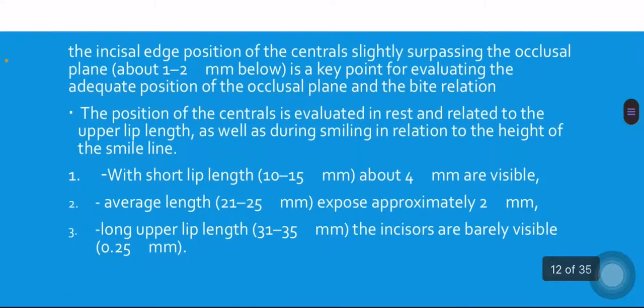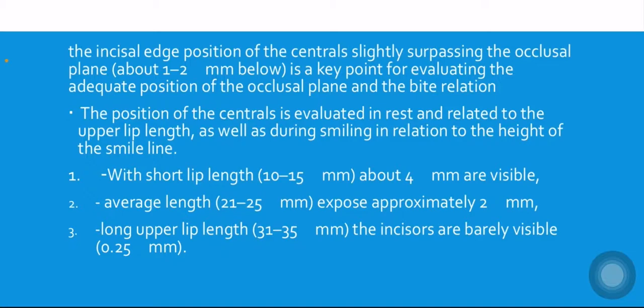Here we have the incisal edge. It works with the lip line. A high lip line or long lip, which is 31 to 35 millimeters, will barely show the incisors. An average lip is 21 to 25 millimeters long and exposes 2 millimeters of the incisal edge in the normal situation.